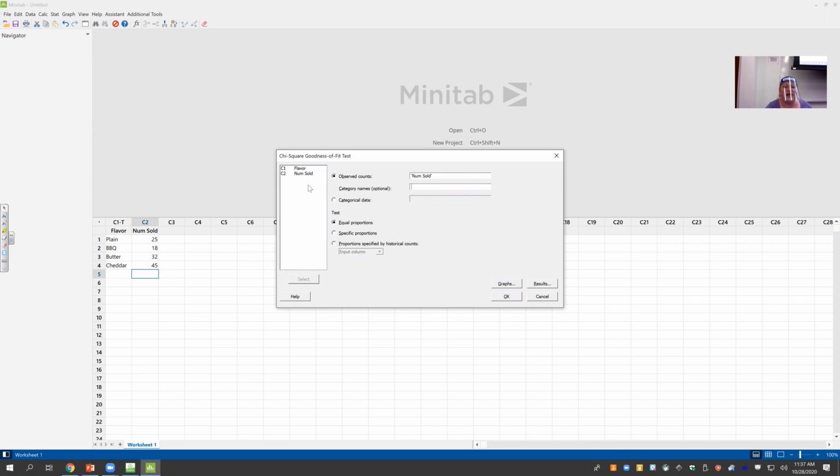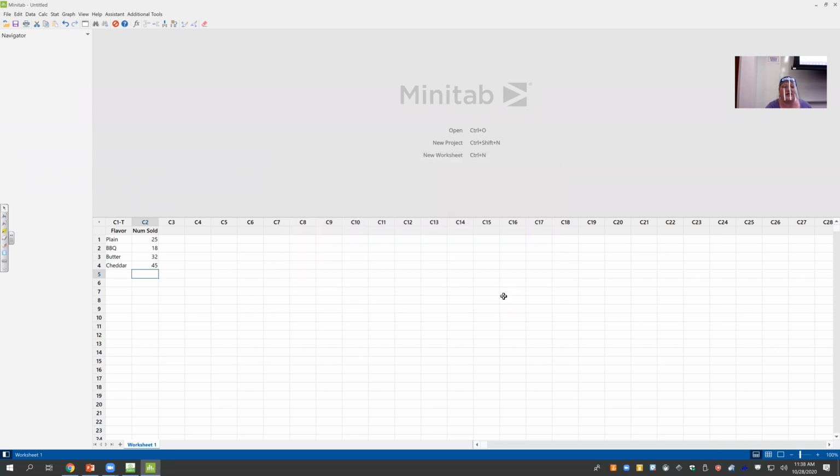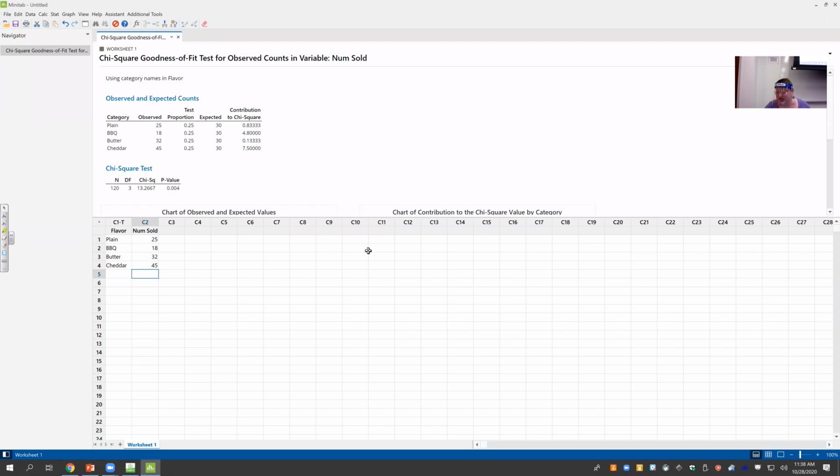My category names are in column 1. I'm doing equal proportions, and I click OK. Okay, I don't have to do this last step. I'm sorry. So you can go back and mark off that last step about the options.